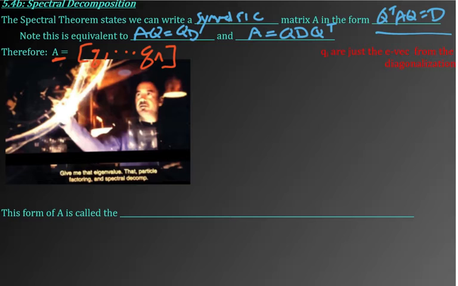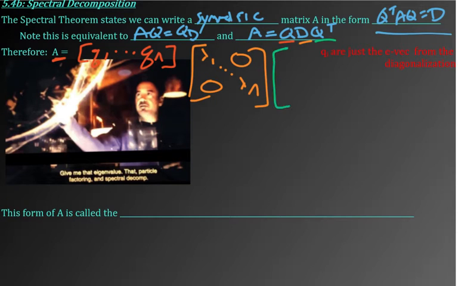So that's Q. And then D is just the diagonal matrix where you have the eigenvalues on the diagonal, and then zeros everywhere else. And then you have QT, which is just the transpose of that matrix. So you're going to get Q1 transpose, and so on, through Qn transpose, okay?